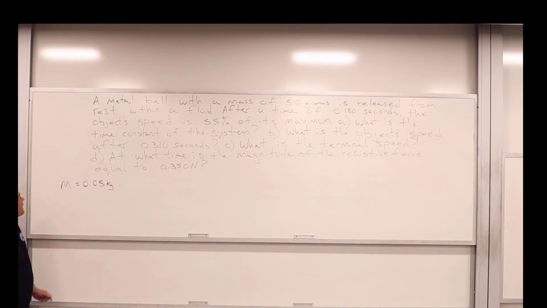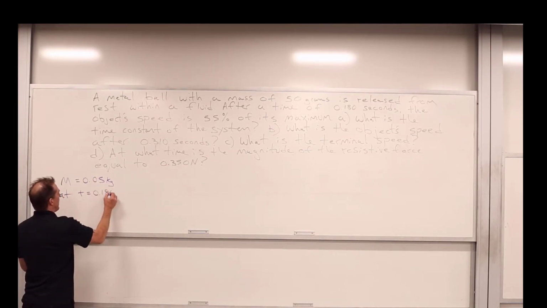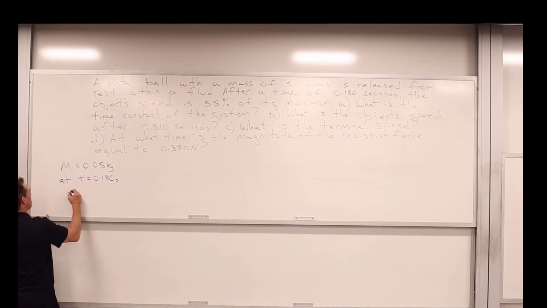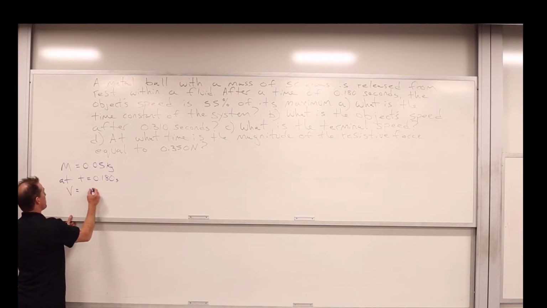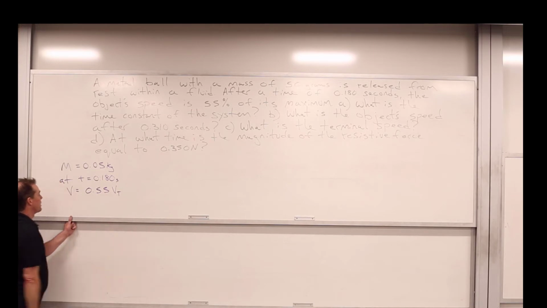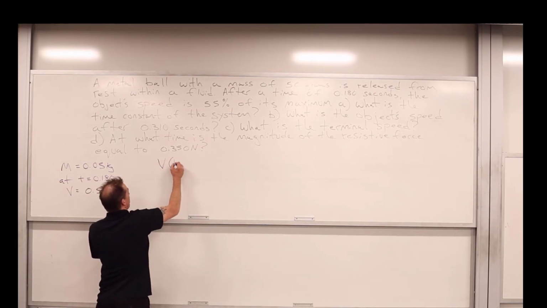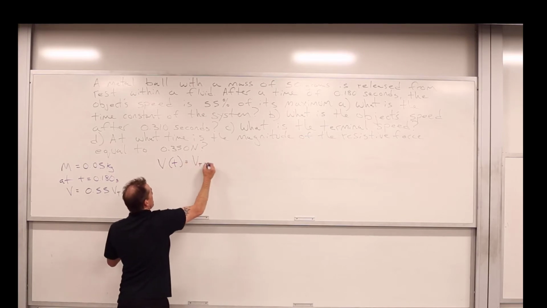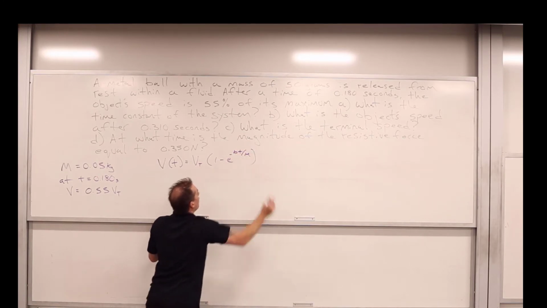And we're told that at t equal to 0.180 seconds, v is equal to 55% of its maximum speed, v is equal to 0.55 v sub t. So with this, we have that v of t is equal to v sub t times 1 minus e to the negative bt over m.